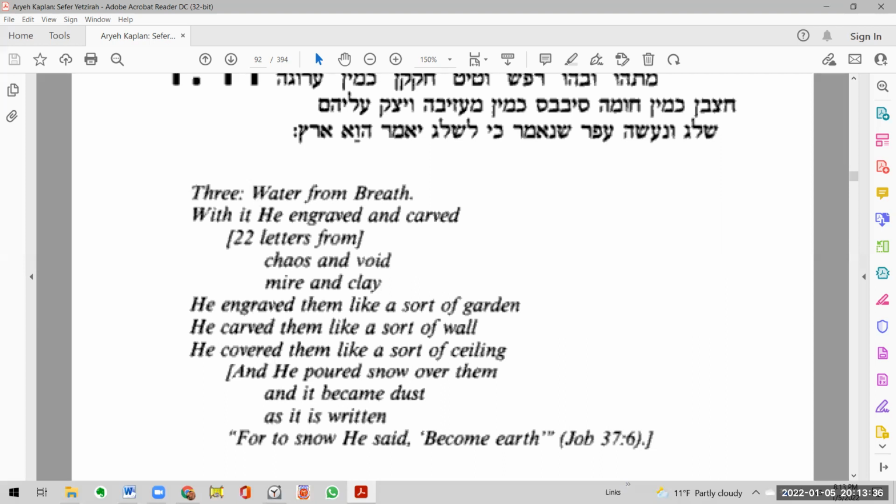And the letters, in this particular stage, are called sort of like a garden. He engraved them like a sort of a garden. He carved them like a wall. He carved them like a ceiling, etc. What does it mean? It just means that there are different shapes to the letters.